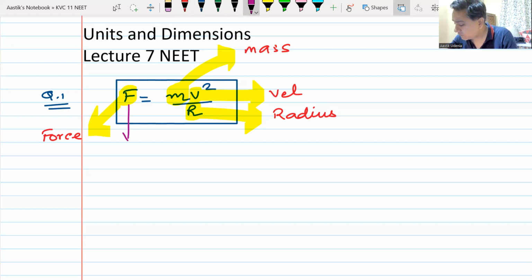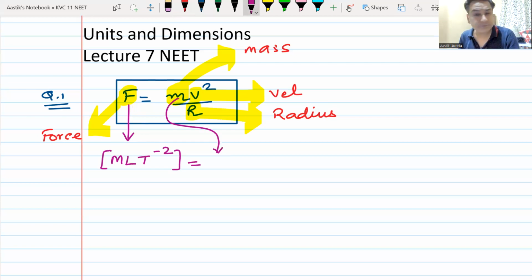What is the dimension of force? MLT minus 2. Yes, MLT minus 2. This is the dimension of force, so I write it here. What is the dimension of M? M is mass, so the dimension has to be M only. Do we understand this?